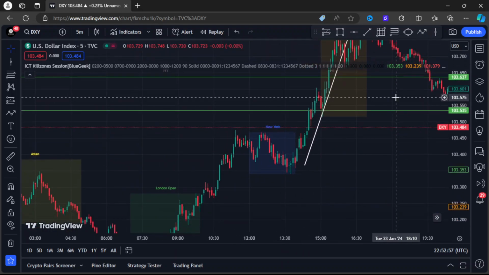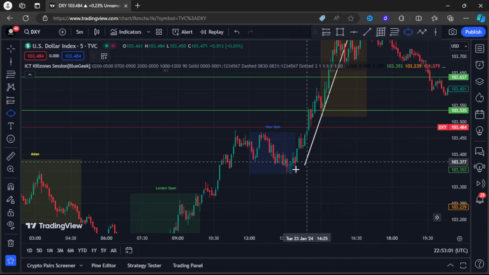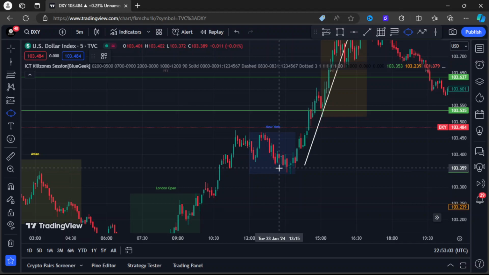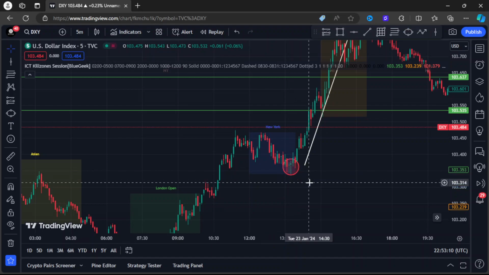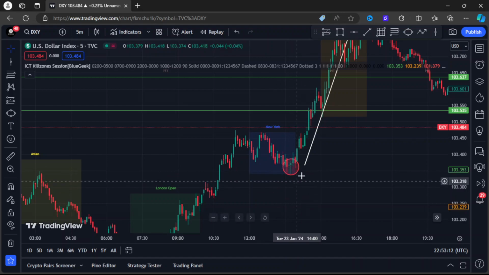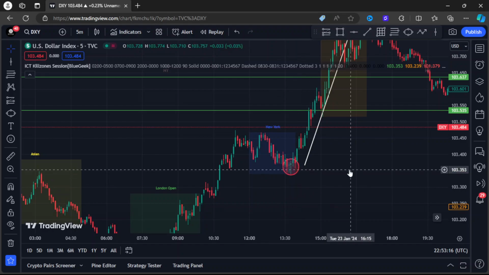And someone will ask, there's no support zone here. Yes, there's no support zone here, but you can see that these three wicks here is a form of liquidity. So anytime you see liquidity taken, then it's time for you to buy, because it will serve as a support zone, but not necessarily a support zone though.